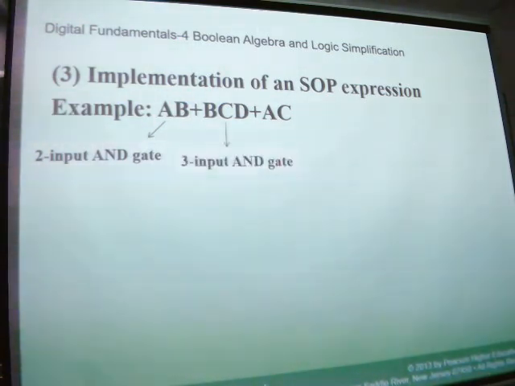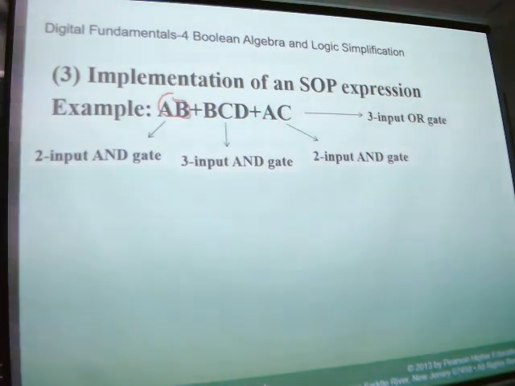And this is a two input AND gate. And then a three input OR gate. Two input, three input, and two input AND gates, and a three input OR gate.